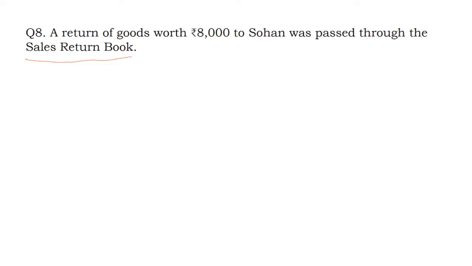Just like the earlier entry we have passed, this solution is exactly the same way. Just the purchase and sales return will be different. What is the solution? Please share in the chat section. Just like the previous one.